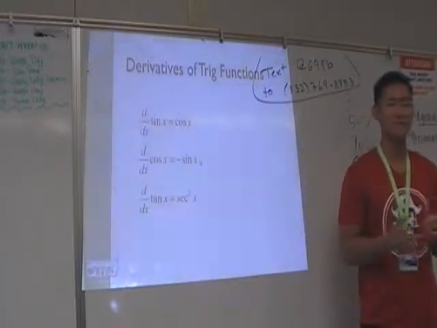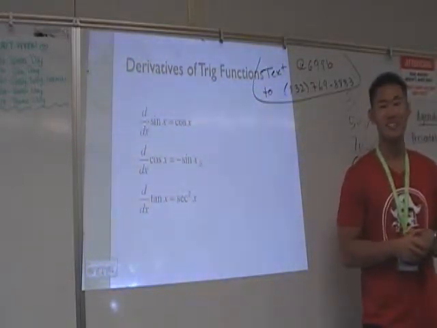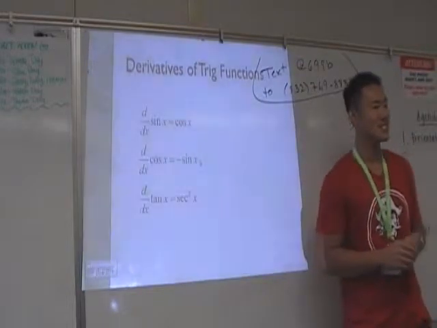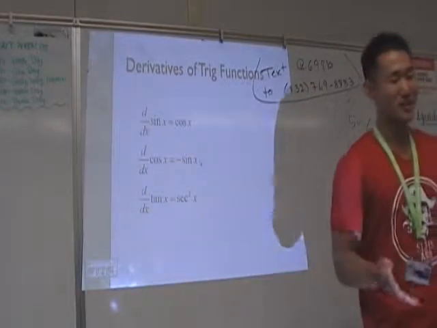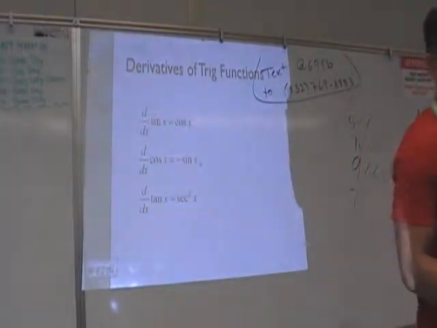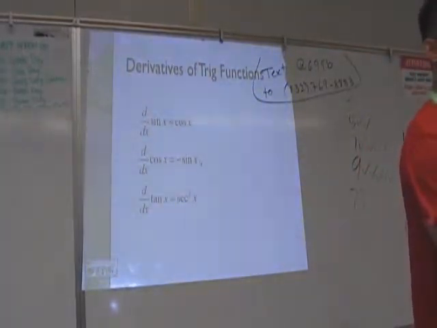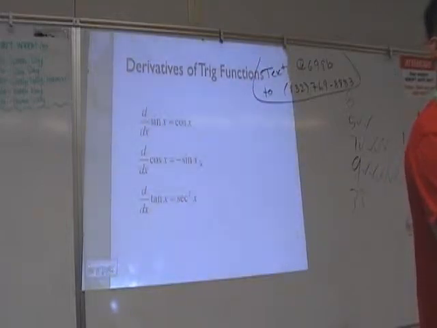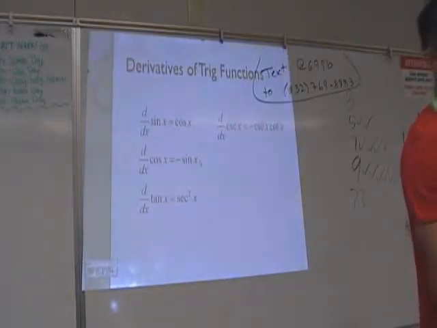Apparently you guys don't know it yet. You guys will learn it in, I think, chapter 4 or 5. But I thought you guys learned it in pre-cal, so that's why I used it. I think it's like 8 or 9. Something like that. We don't do the whole book.